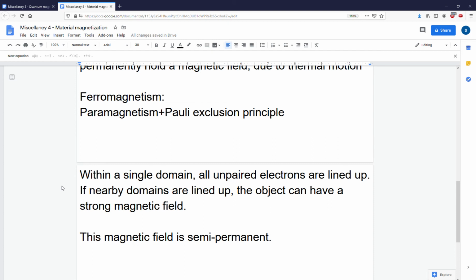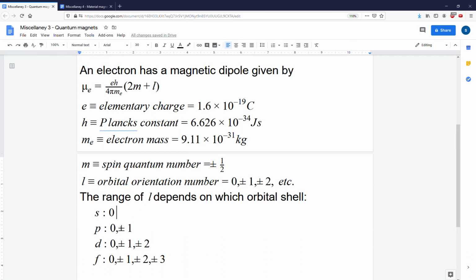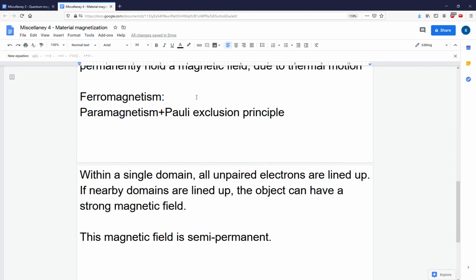You can have 8 in the next shell because you can have two in the S, 1 spin up, 1 spin down, and 2 in each of the P subshells, which are 0, +1, and -1. So 2 of each of these, so that's 6, plus another 2, 8. You can have 8 in the next shell.